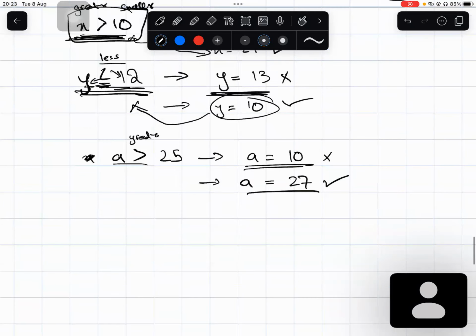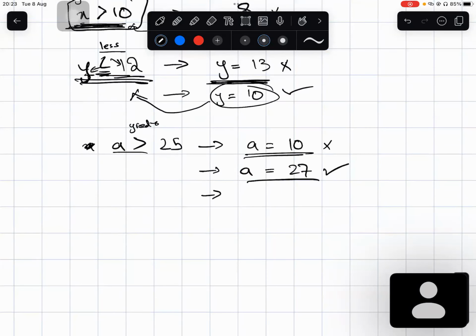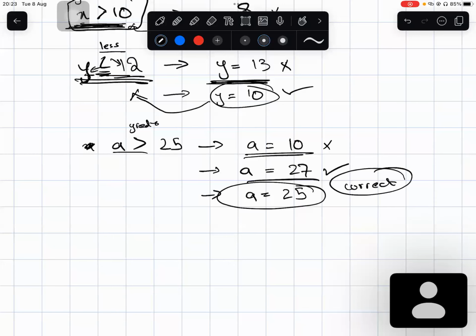However, tell me, would this be correct or incorrect? A is equal to 25. What do you think? No, this is not correct. This is incorrect. Let me tell you why.